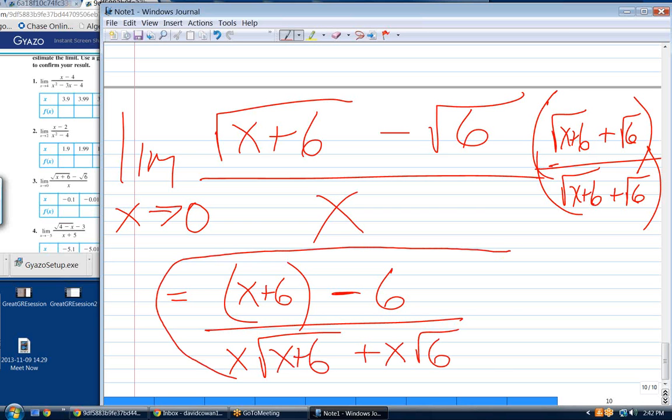So this is the same thing as my original function. All I've done is multiplied it by the number 1. Well, notice that we no longer have 0 in the numerator. That's great. Well, hold it. We do still have 0 in the numerator. We're going to have 0 in the denominator too.